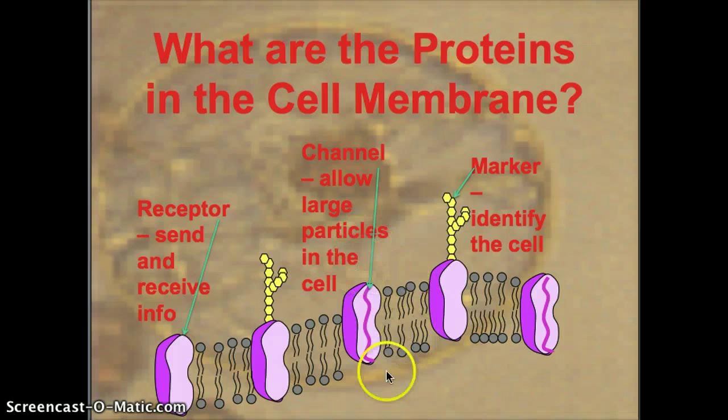Okay, this is the grass. You're standing right here and you need inside, you're going to use that slip and slide to get inside the cell. Okay, and the last type of protein is called a marker protein, and that's going to be this flag. Okay, the protein that's got the flag coming out of it, and basically what those do is identify the cell. Okay, so that's going to say, hey, this is a blood cell, hey, this is a liver cell, something like that.